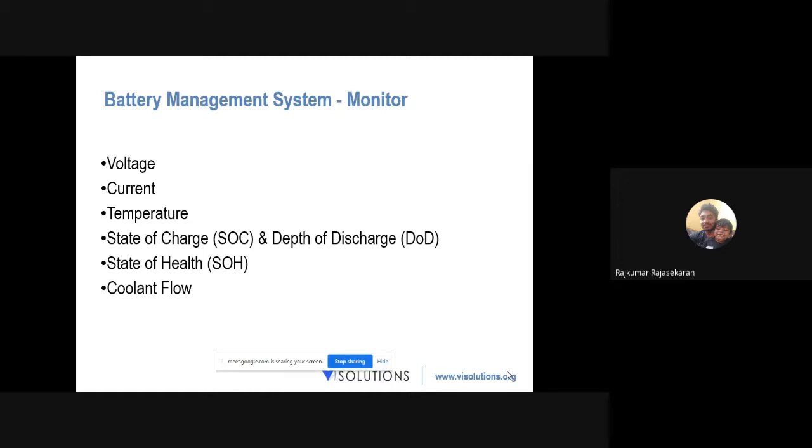Then based on these values, we'll be able to compute secondary values like state of charge and state of health. State of charge and state of health cannot be directly measured like voltage and current, because they are derived units. But these are the things which will be monitored by the BMS.